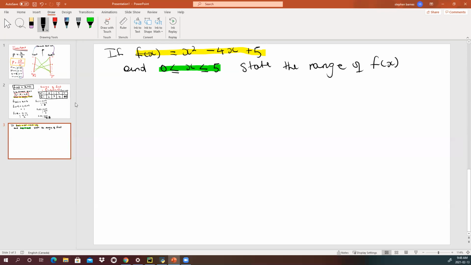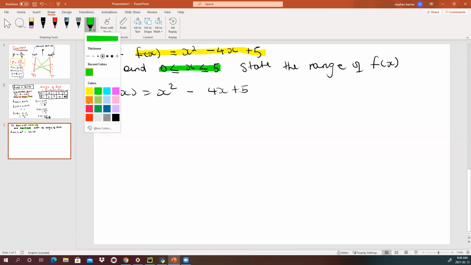So let's start. We have to first work out each of the domain values in order to get the range values, all right? So let's go. I'm just going to put f of x up here. F of x is equal to x squared minus 4x plus 5. I'm not going to rewrite it, just for space purposes.